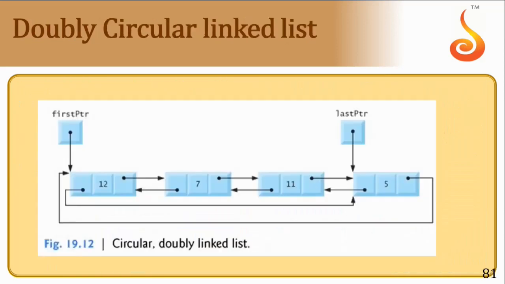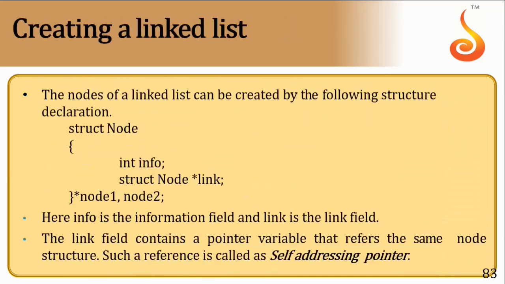One minute. I think I would have, yeah, here. See, this is a node and struct because it is a structure, int info. So this is the variable which is going to hold an integer value. I can say float, whatever type of data you want to store, you can store there. Int info: in this node of the linked list, I'm going to store integer data and the variable that holds it is info.